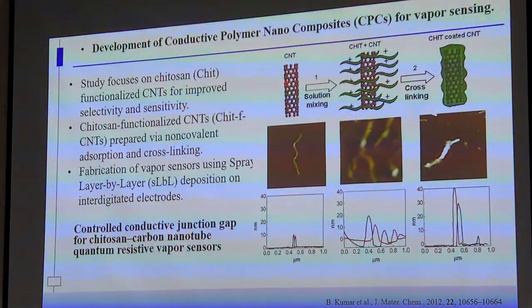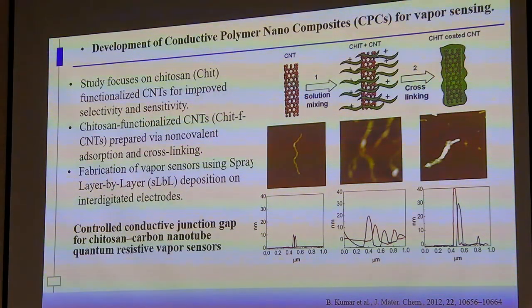Carbon nanotube simply mixed with chitosan, and on the chitosan you have an electrostatic charge, and due to that electrostatic charge, they interact. There's no covalent bonding. That's a non-covalent interaction, due to electrostatic force. And then if you do the cross-linking, this chitosan will wrap the carbon nanotube.